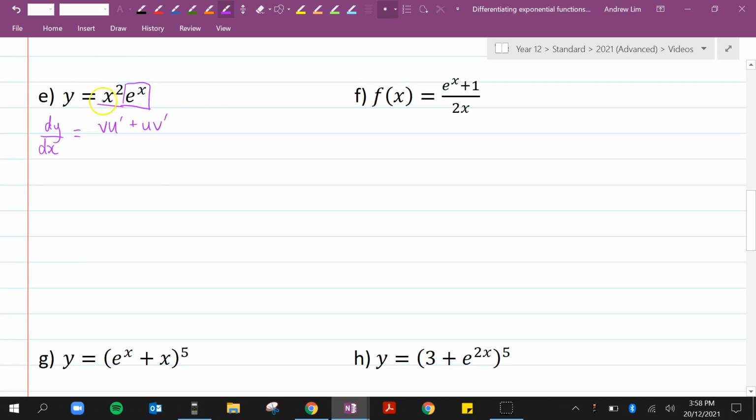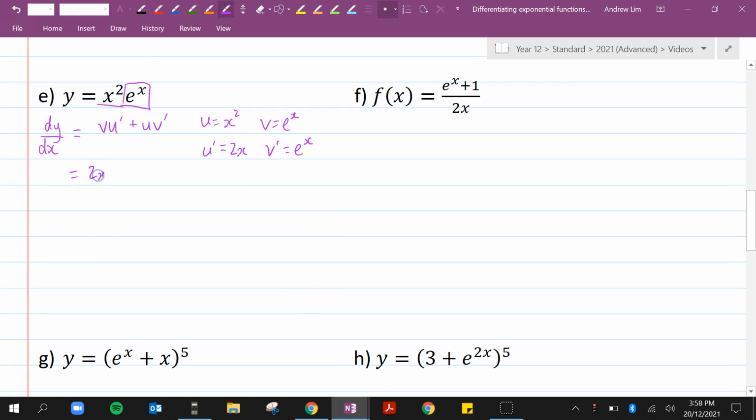u is the first term, v is the second term. But when we differentiate u, we get 2x. And when we differentiate v, we get e to the power of x. So, what do we get when we differentiate this whole thing? vu dash is these two times together.